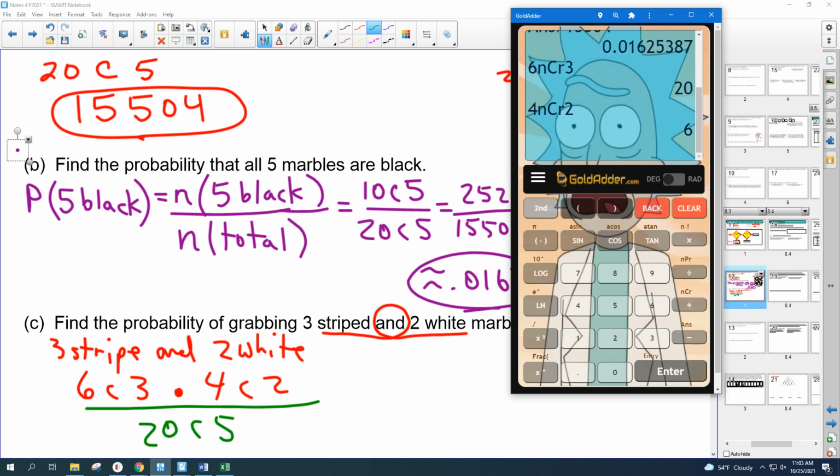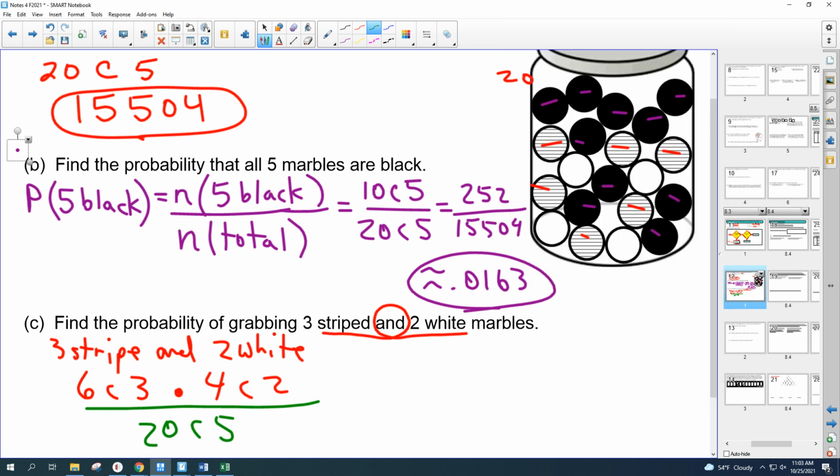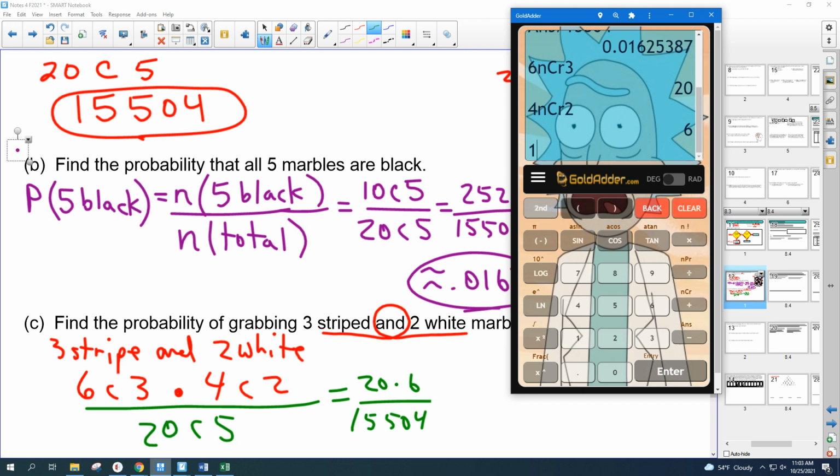You start seeing the same numbers over and over again. 4 choose 2, you'll remember that's 6 at some point. But I've got 20 times 6 over 15,504. Or 20 times 6 is 120 divided by 15,504, which is 0.0077.